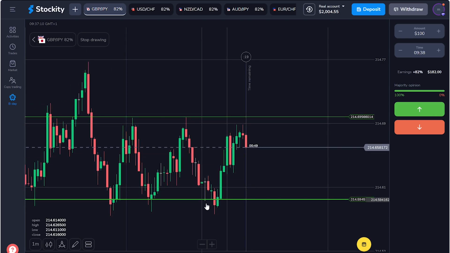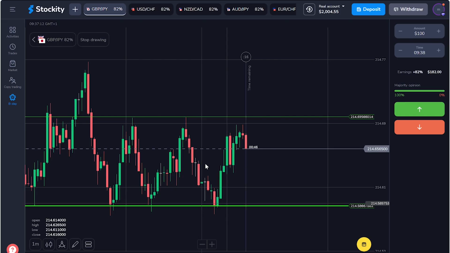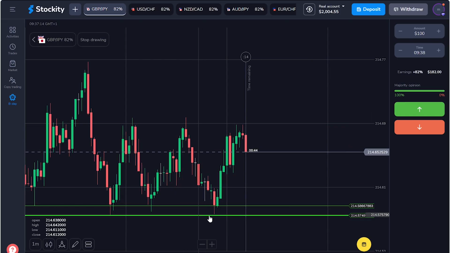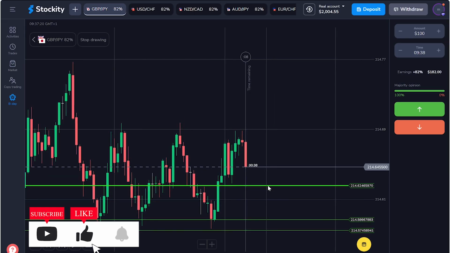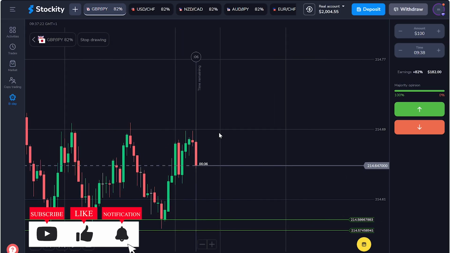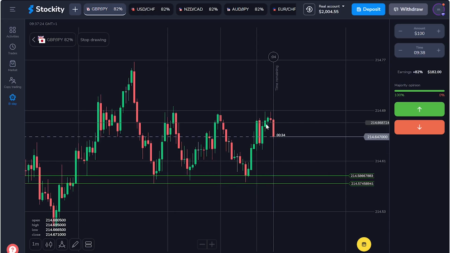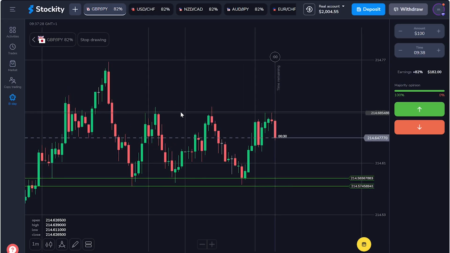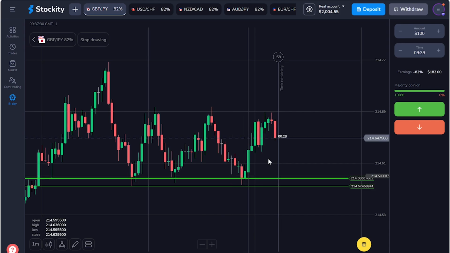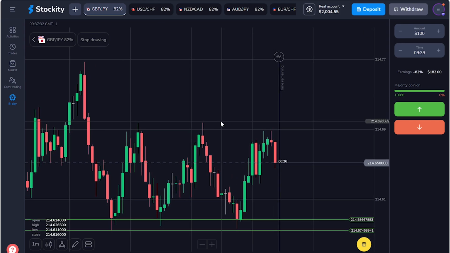Let me see if we can get an opportunity from this level. The market is ranging, so I'm trying to take a trade from either this level or this level. All right, so let's wait.